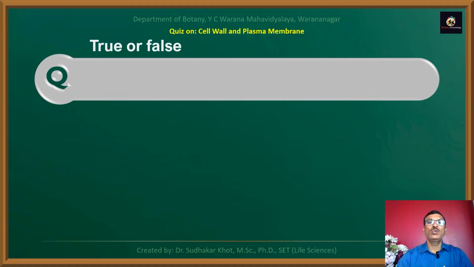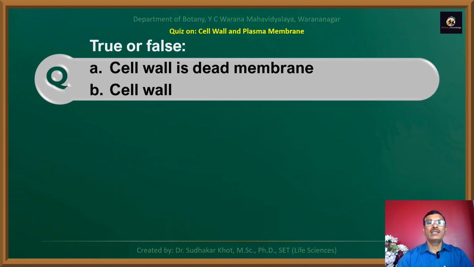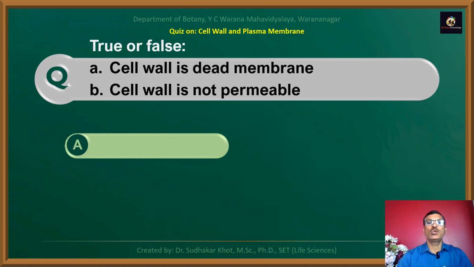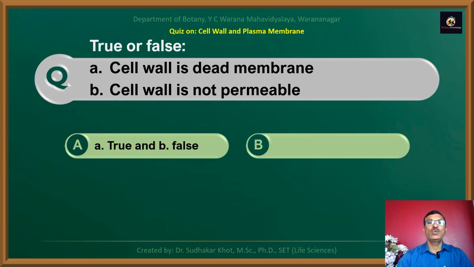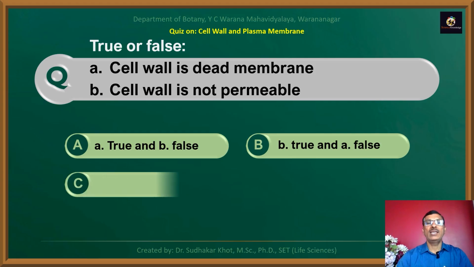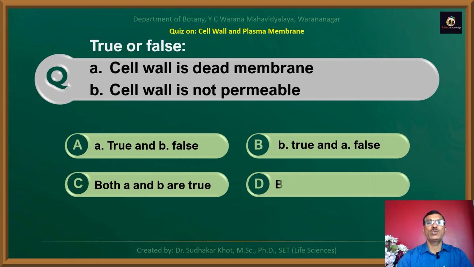Next question, true or false? Statement A, cell wall is dead membrane, and B, cell wall is not permeable. Option A is true and B is false. Option B is true and A is false. Option C, both statements A and B are true.